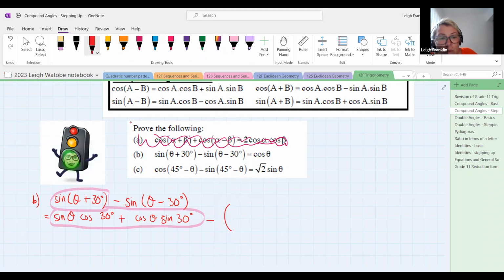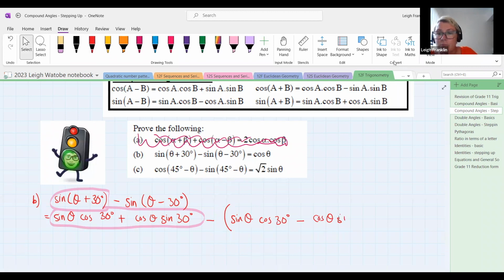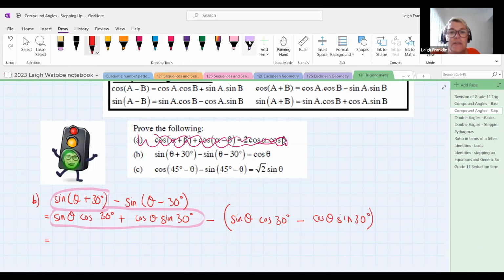So this would give us sine theta cos 30. Sine keeps its sign, so this would be minus, and then here we would have cos theta sine 30, like so. So what was originally 2 terms has now become 4 terms, bearing in mind that we also have this minus that we need to deal with.